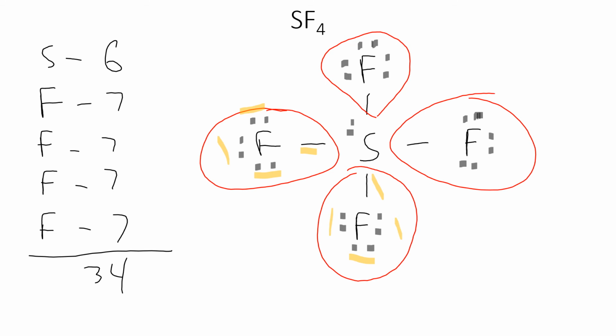We're not counting total, we're just counting for each fluorine. Fluorine on the right, 2, 4, 6, 8. Fluorine on the top, 2, 4, 6, 8. So all the fluorines are good.